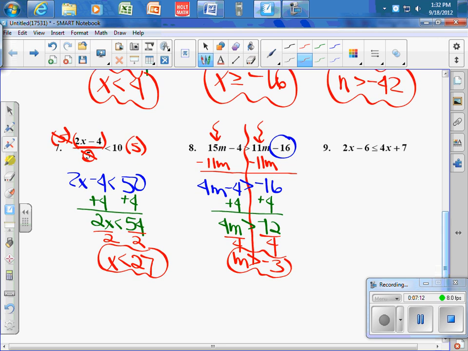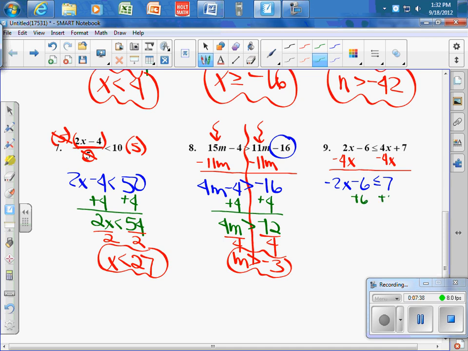Again, in number 9, I have variables on both sides of the inequality sign. Use addition or subtraction to cancel the variable on the right side. It's a positive 4x, so I'm going to go minus 4x to cancel it out. 2x minus 4x is negative 2x. Bring down the minus 6 is less than or equal to 7.